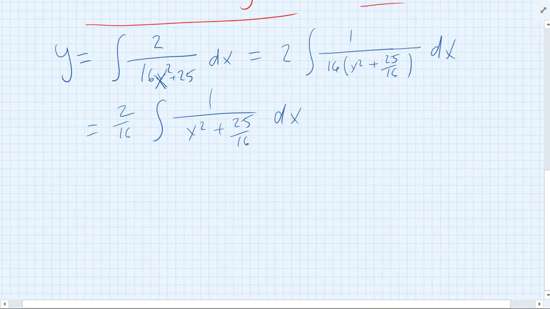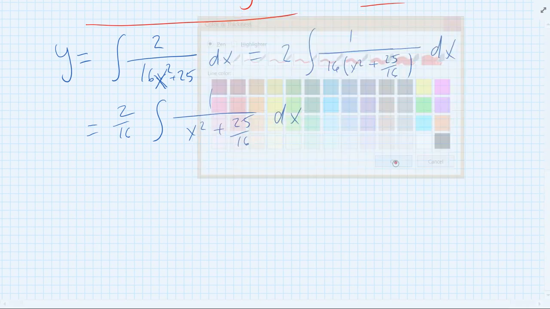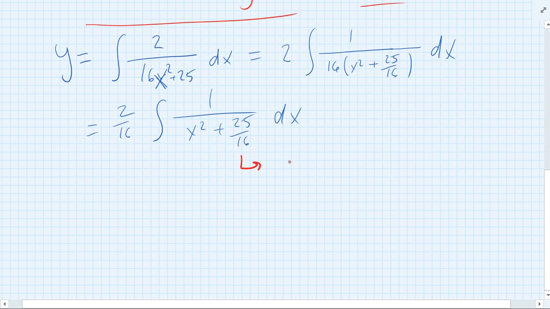So now when you do it, you just go, okay, this is a squared. So a is equal to, what's the square root of 25? And what's the square root of 16? And that's x squared, so I just want x.